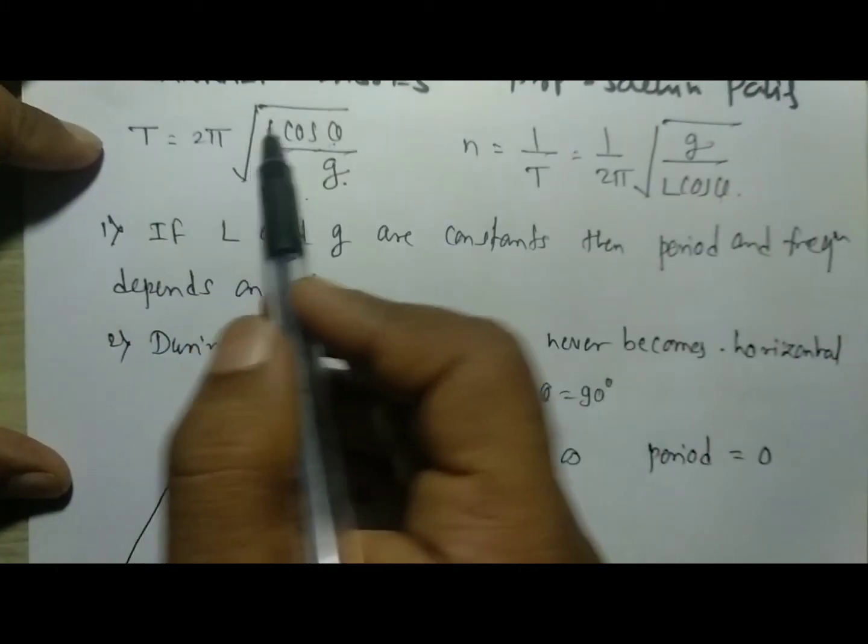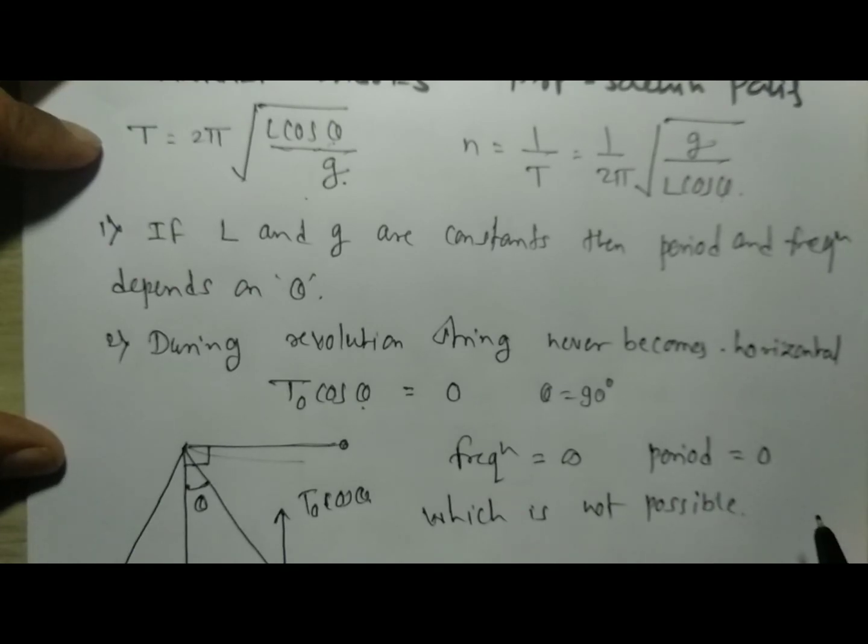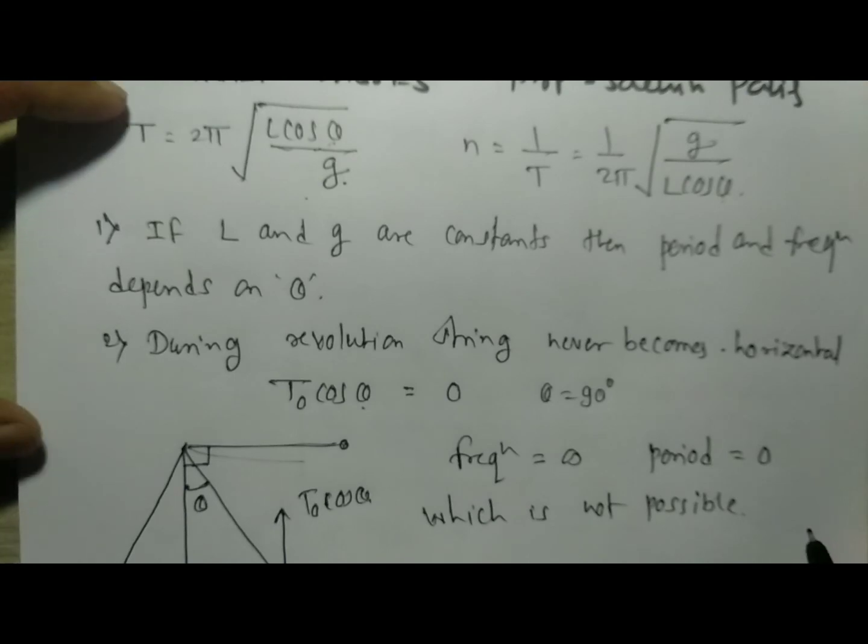Therefore the time period is equal to 0, which is not possible, because if any particle is moving and it travels some distance, it requires some time, and therefore it is not possible.